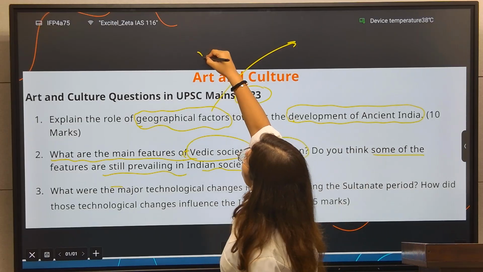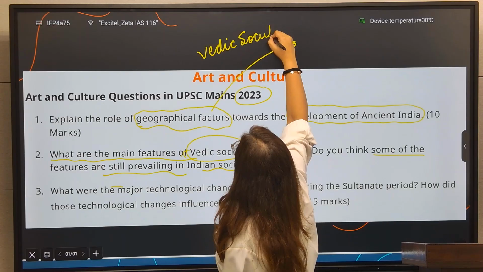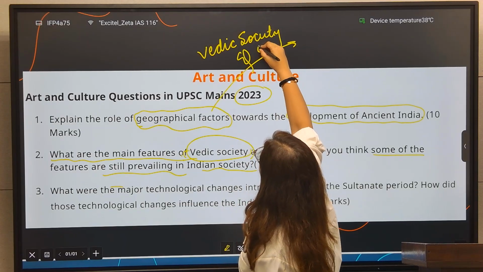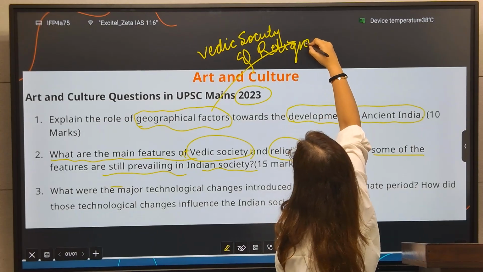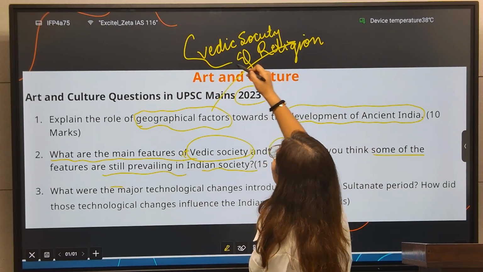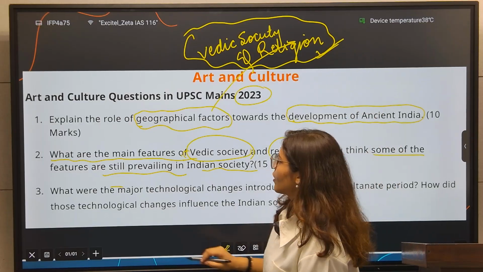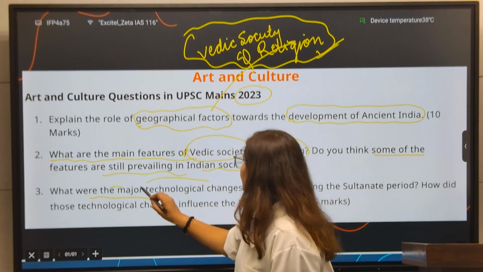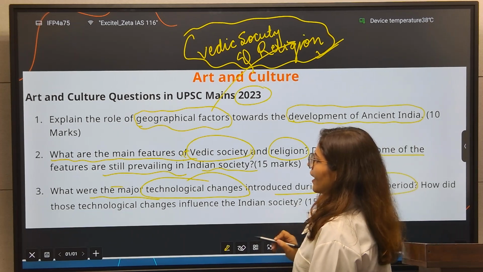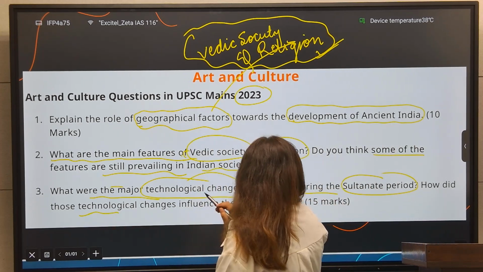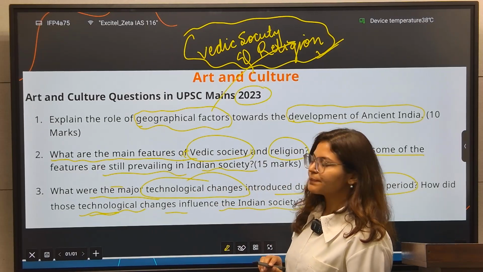So Vedic society, culture and religion was asked. Then: what were the major technological changes introduced during the Sultanate period, and how did those changes influence Indian society?